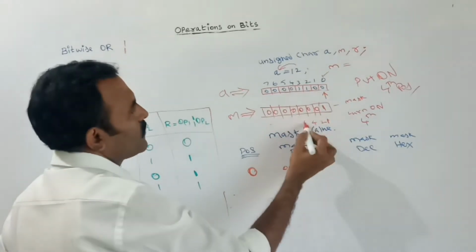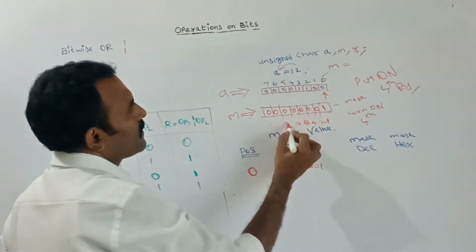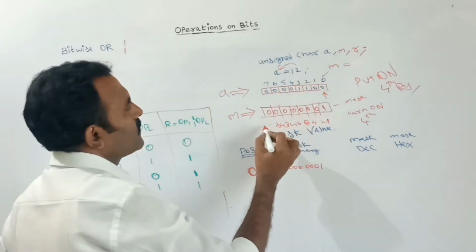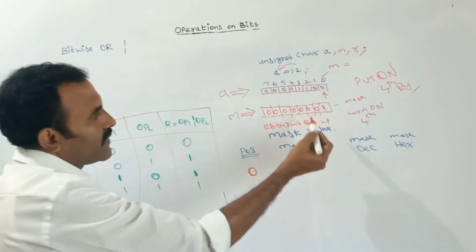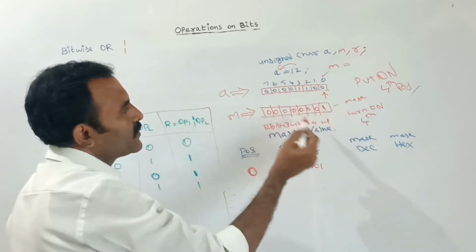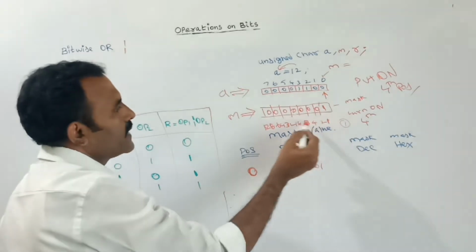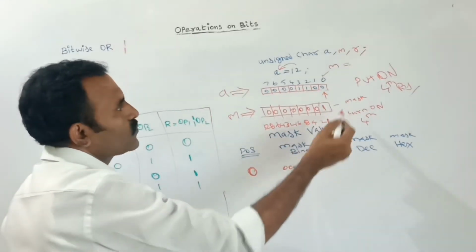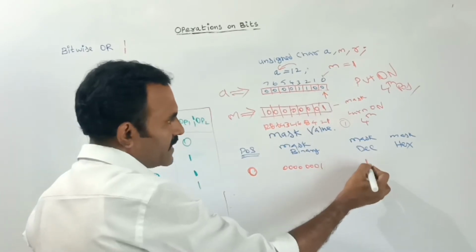In the same way, 2 to the power 3 is 8, then 16, 32, 64, 128. Here this position is 1, and every remaining bit value is 0. So 1 into 1 is 1, plus 0 for all the others, so 1 plus 0 is 1. So the decimal value we can give is 1.